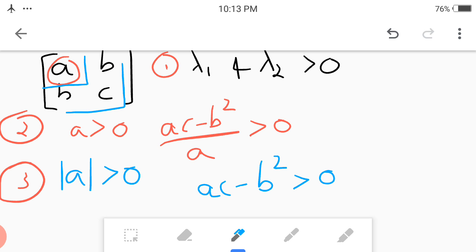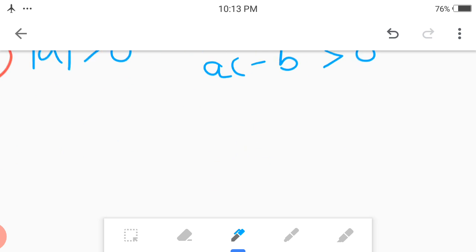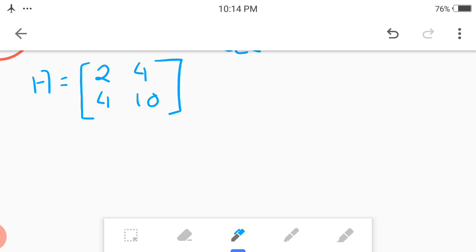Let's take a simple example to understand this now. So let's take a matrix A. What value shall we give for matrix A? Let's take [2, 4; 4, 10].